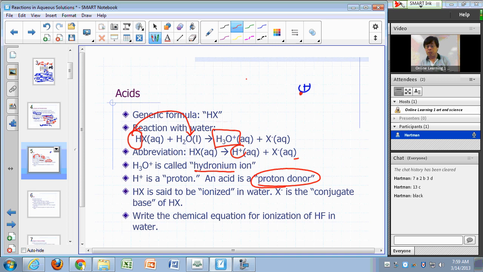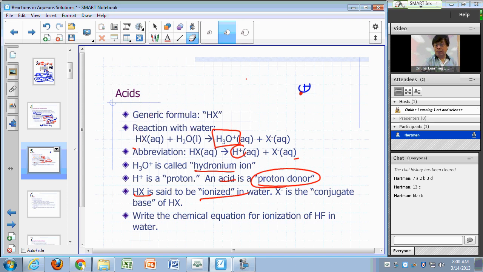Okay, so we can define an acid molecule, or an ion that has a hydrogen that can break off as a proton, as a proton donor. So that's an acid. An acid is a proton donor. We say that HX in this case is ionized in the water. So HX, which is a neutral molecule, when it donates a proton, it's ionized. It forms ions.